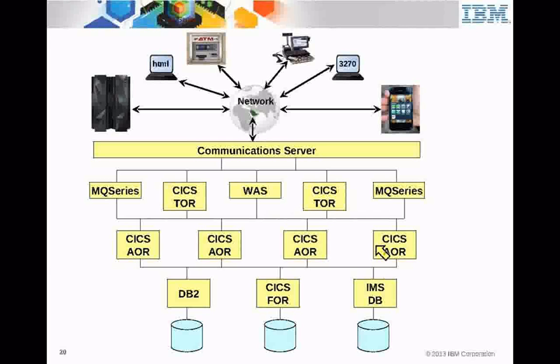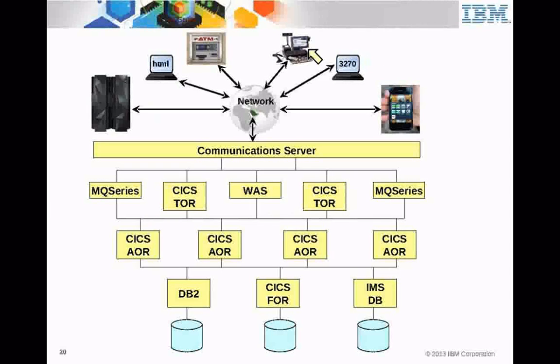Well, inside these CICS application owning regions, you could have many different types of applications. Some might be merchandising, some may be credit, or whatever. Now, so I'm showing a mix of middleware in here. The other thing I'm showing up here that we'll talk about on Thursday is the communication server can talk to anything out there in the network.